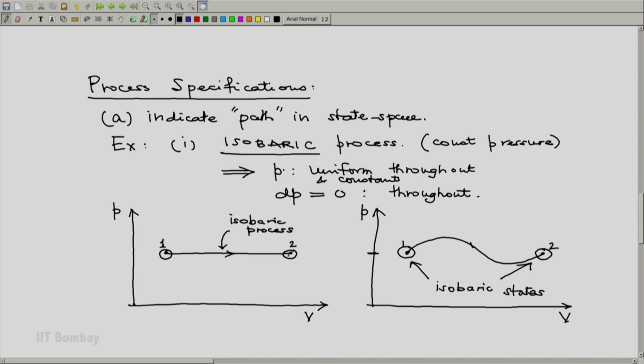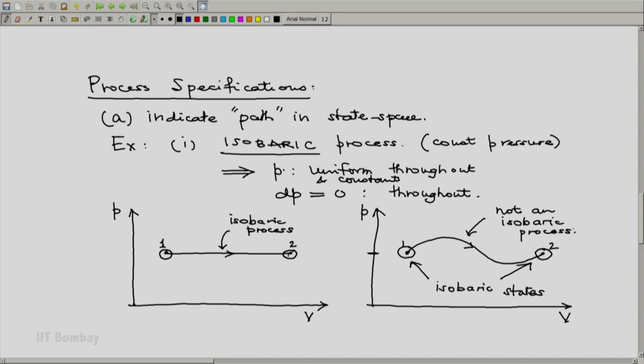It is a quasi-static process from the initial state 1 to the final state 2. However, it is not an isobaric process.